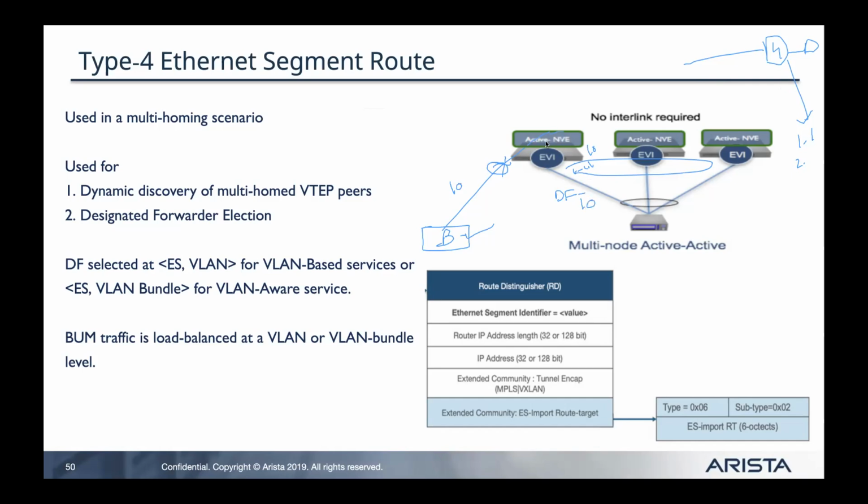You receive the packet here, here, and here, and you have to flood this traffic to all the ports. What you will do is check that for port channel 10, I am not the DF, designated forwarder, so I'll not send the packet here.